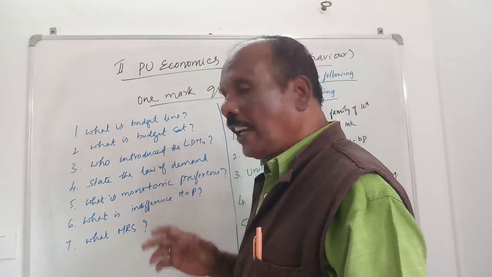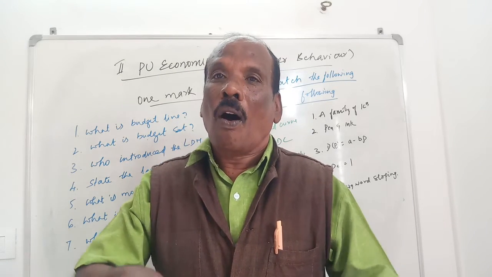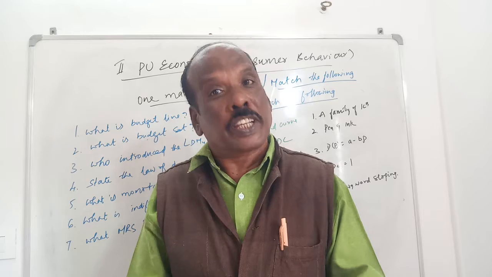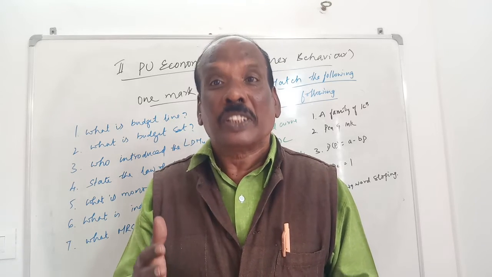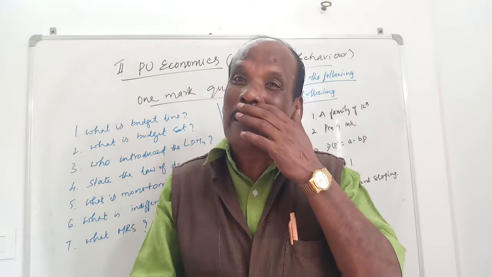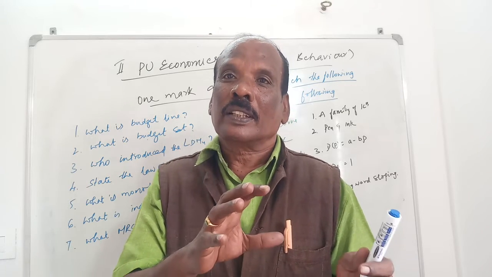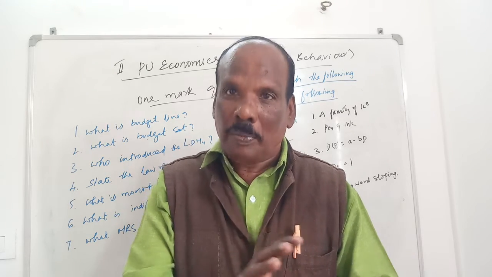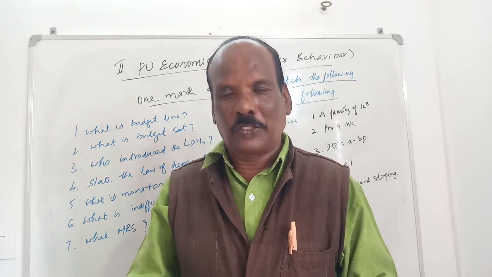Okay, coming to the next one. What is budget set? Budget set refers to all possible combinations which can be purchased by a consumer with his income at the given prices. The difference between budget line and budget set is that in the budget line, the combinations' cost will be equal to the income of the consumer.